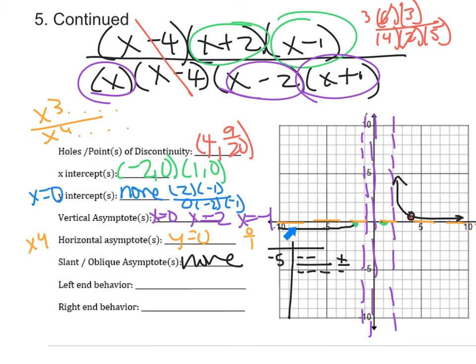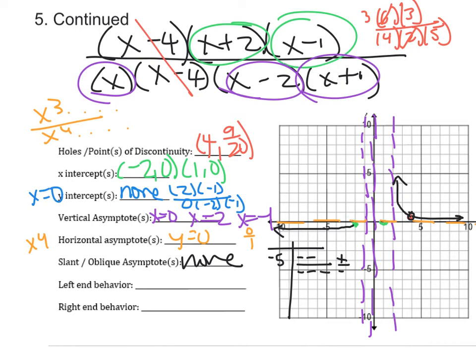So since it's going underneath here, it should go up, but I'm going to prove to you that once it hits it, it's not going to go back down. So this right in between here, I'm going to try the number negative 1.5 because that's in between these 2 points. And negative 1.5 should yield me something that's a positive number.